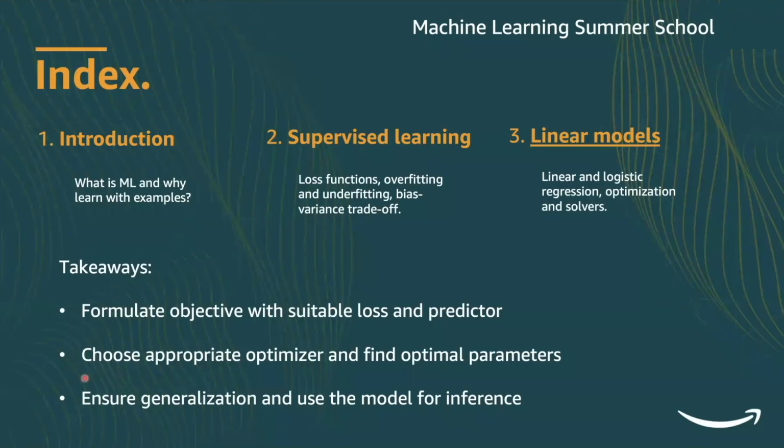So the summary is: we find a suitable loss and predictor, and an appropriate optimizer, and solve for the optimal parameters, paying careful attention to generalization, and use the final model for inference.